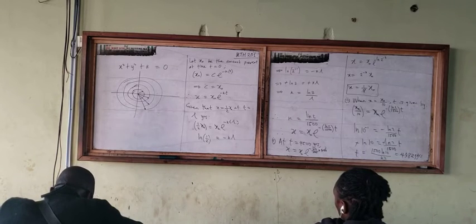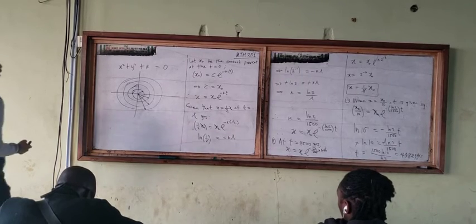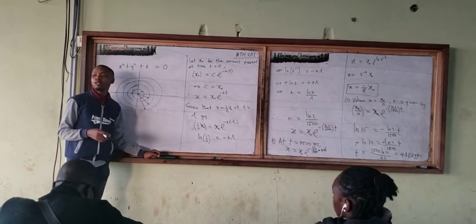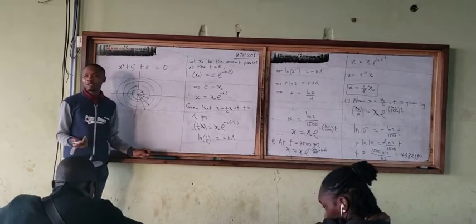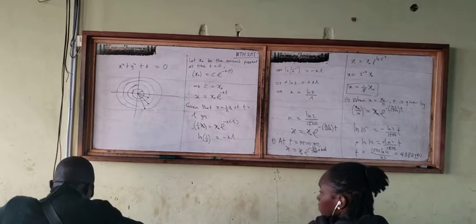So when we say orthogonal trajectories, that means that we want to find another family of curves that are orthogonal to this family. That means that they will be at right angles to this family of curves. When you say that a line or another curve is at right angle to another curve, we say that they are simply at right angles to their tangents.